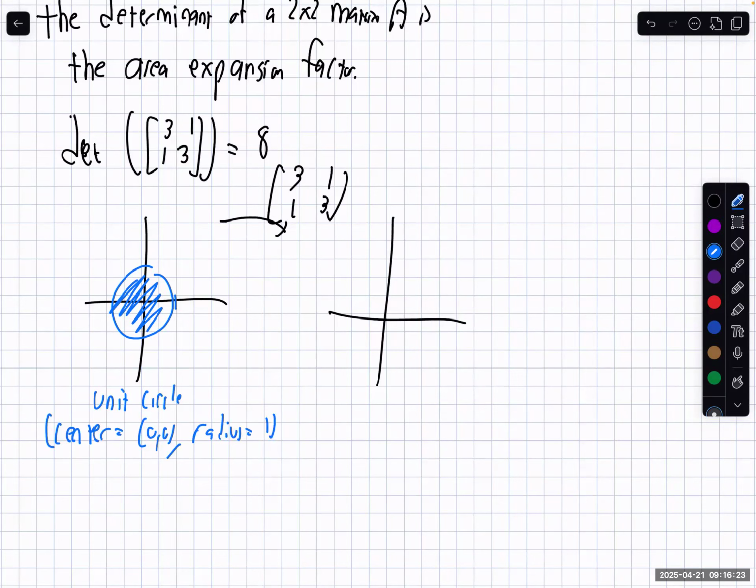That's the one where the center is (0, 0) and the radius is 1. And this is something that we'll talk about, roughly a chapter 7 topic.